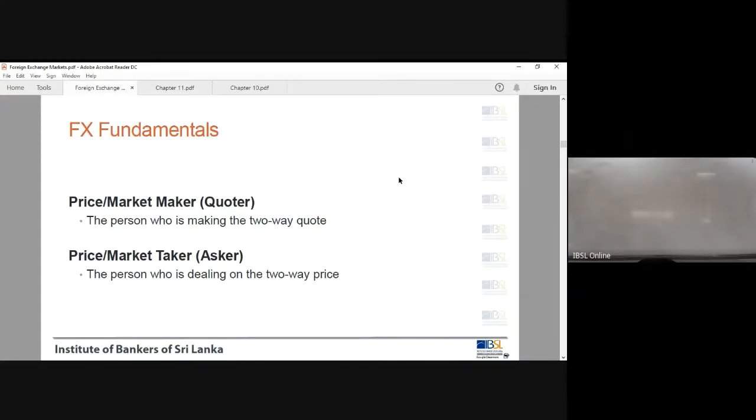The other one is called the market taker. 2 persons, the market taker and the market maker. I'll explain using an example.